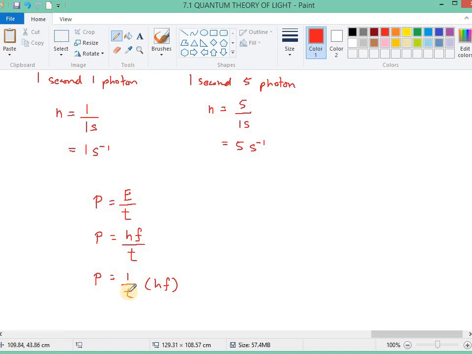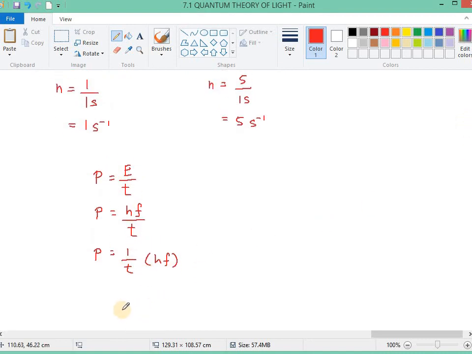If 1 photon, then the energy of 1 photon is divided by the time it takes for that 1 photon to be produced. So this 1 over t can be substituted with n.